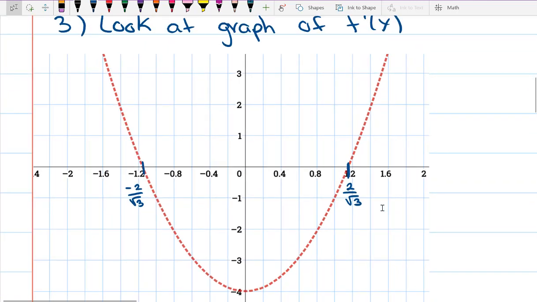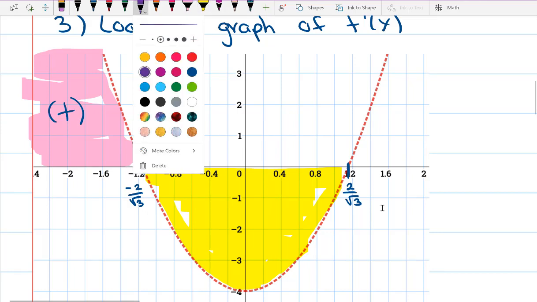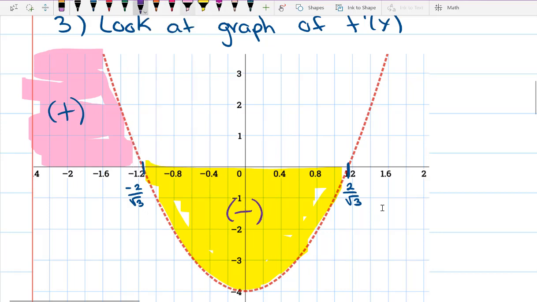So what I want you to notice then is that on this side of x, the derivative is positive. Between negative 2 over radical 3 and positive 2 over radical 3, the derivative is negative. And then again, from 2 divided by radical 3, the derivative is positive.